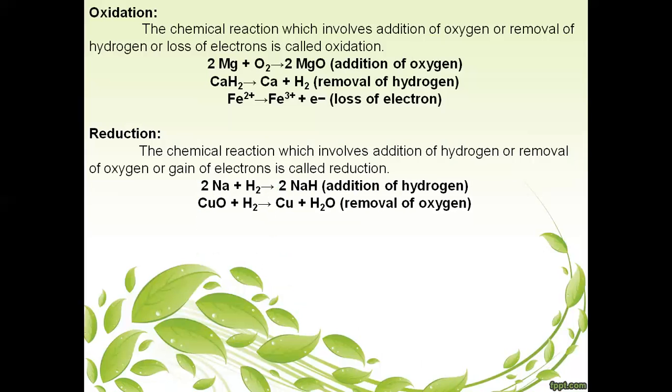Here oxygen is removed, so this process is called reduction. Next, Fe3+ plus an electron gives Fe2+. One electron is gained, a gain of electron, so this process is called reduction.